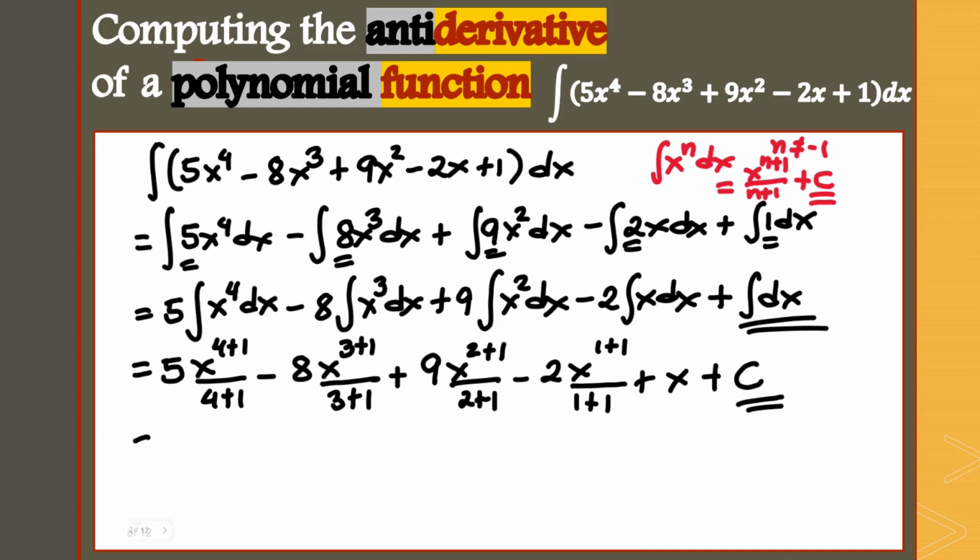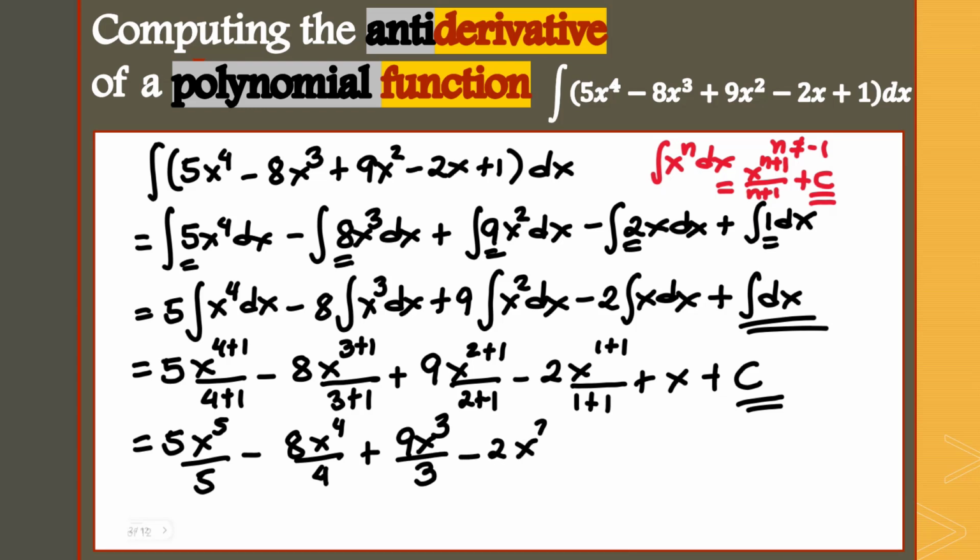Now we have here 5x to the power of 5 over 5 minus 8x to the power of 4 over 4 plus 9x cubed over 3 minus 2x squared over 2 plus x plus c.